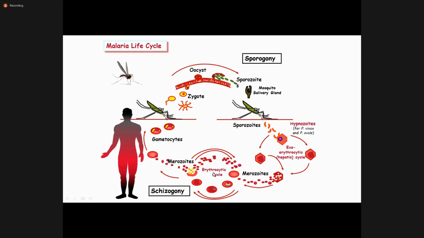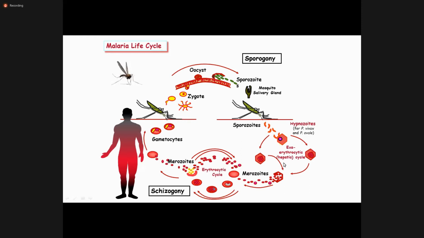So the primary focus is to kill the parasite in the red blood cells so that the clinical symptoms subside and the patient recovers. The second important phase in malaria is that you have to eradicate the infection from the liver, because if it remains in the liver, it will cause the recurrence phenomenon.